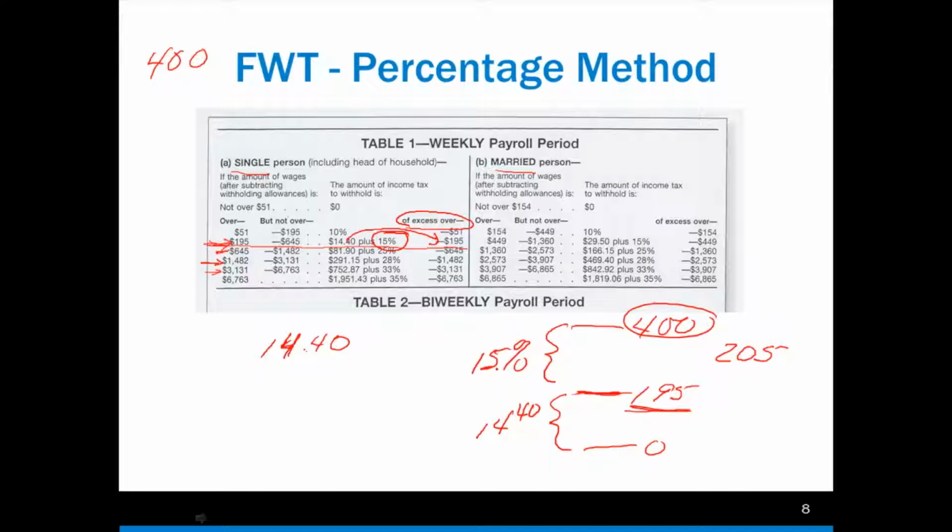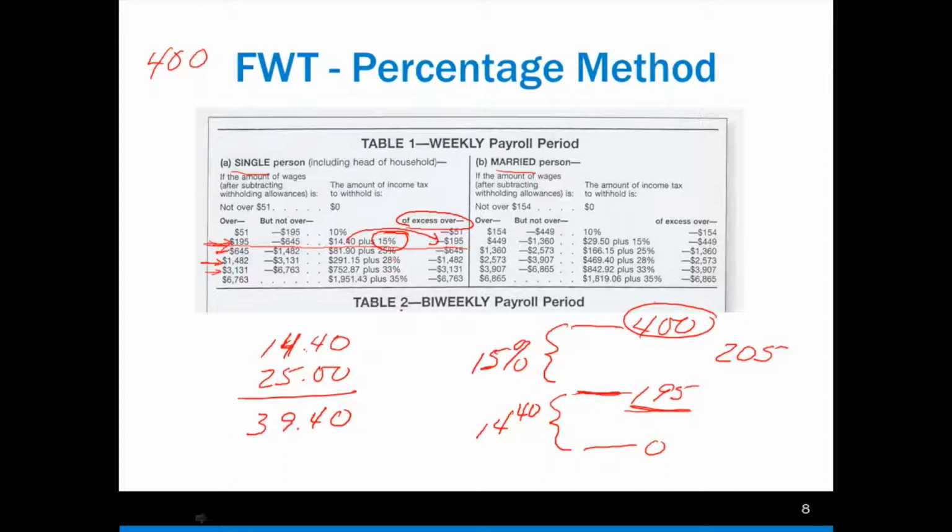Quick round number. I'm not calculating it exactly, but it serves the purpose. If I take 15% of 205 and call it 25, that means my federal withholding would be $39.40. That is how much would be deducted for federal withholding.